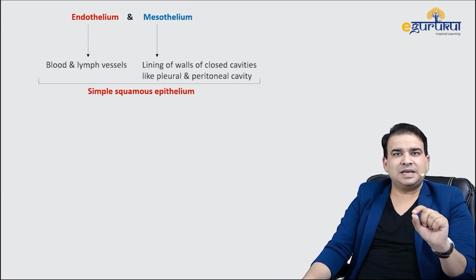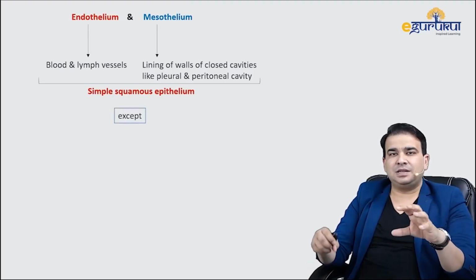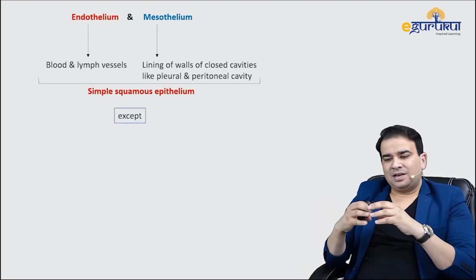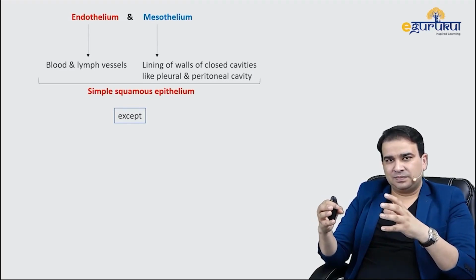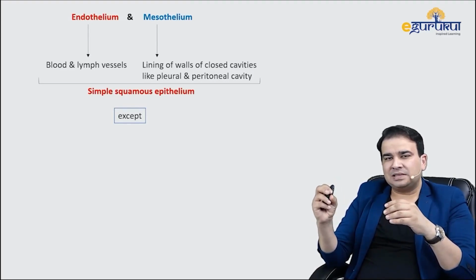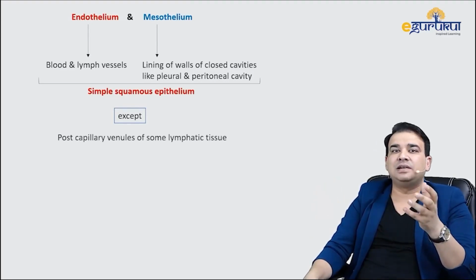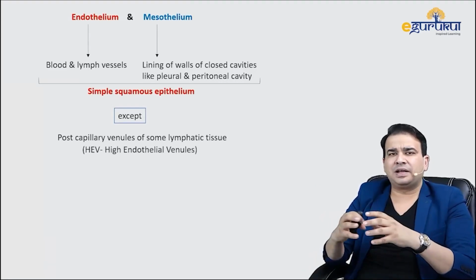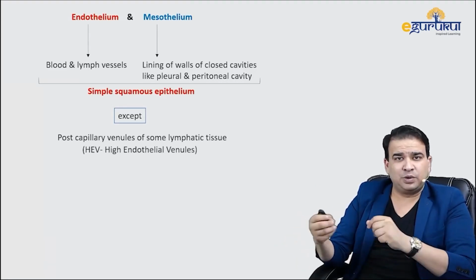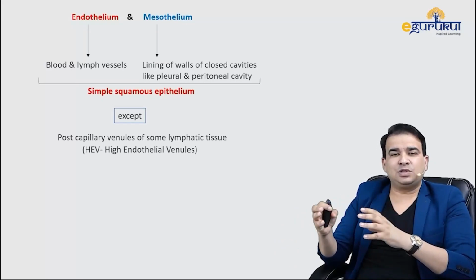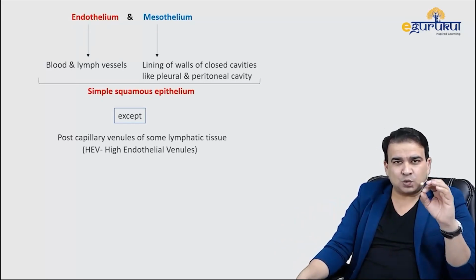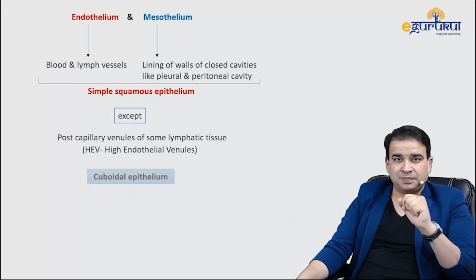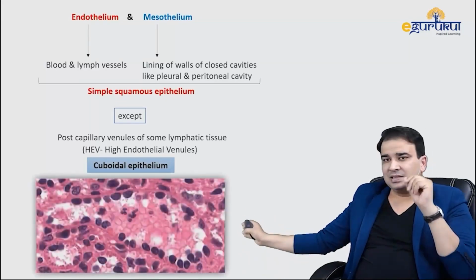Now, one exception is seen in some lymphatic tissue where the post-capillary venules have cuboidal cells, and we call them high endothelial venules. So in some post-capillary venules of certain lymphatic tissues, like the spleen, you have these high endothelial venules which are not squamous, they are cuboidal in shape. You can see this in the image here.